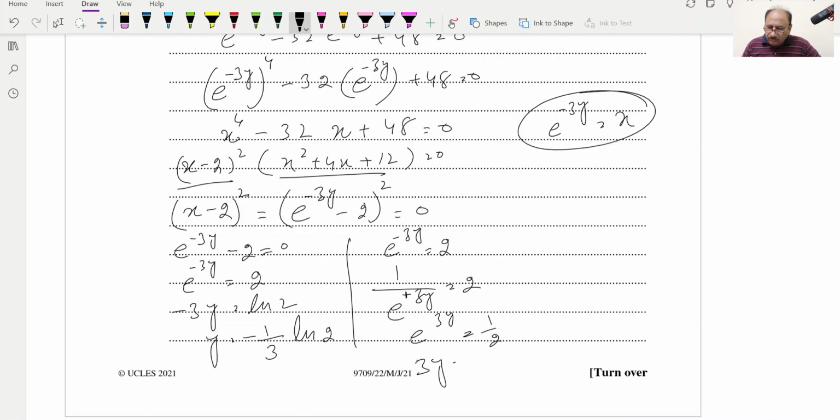So 3y will be equal to log of 1 by 2. So this implies y is equal to 1 by 3 log of 1 by 2.